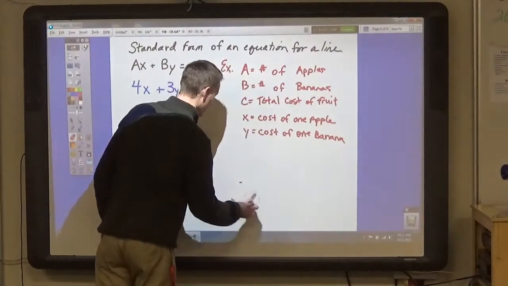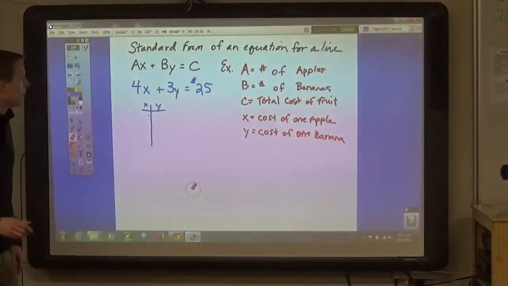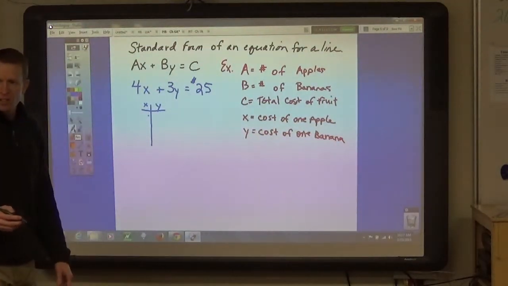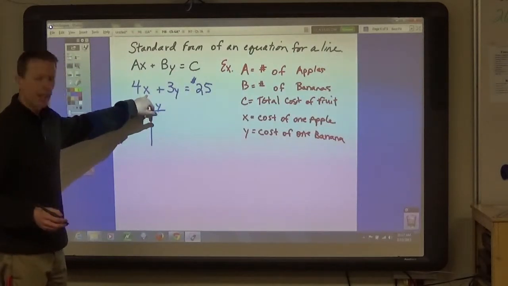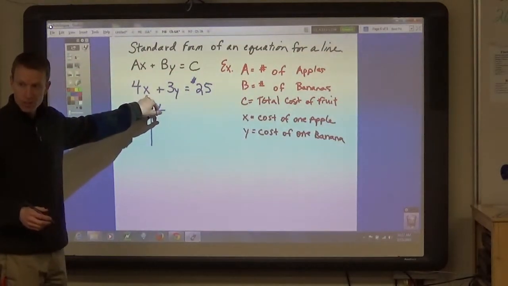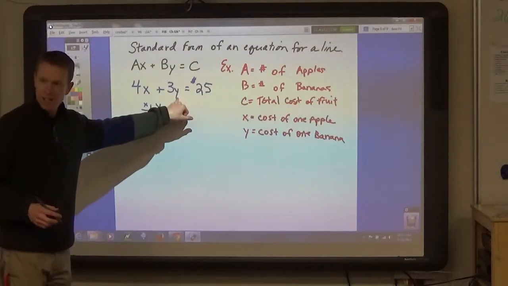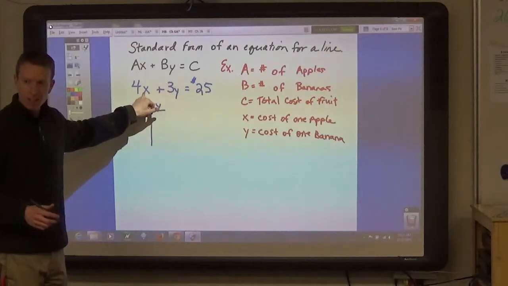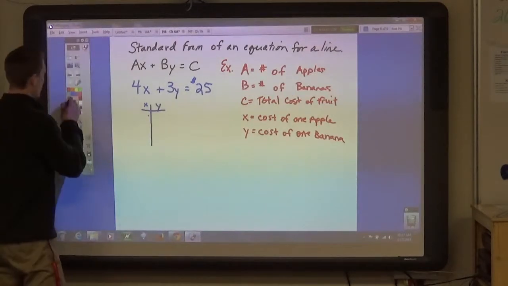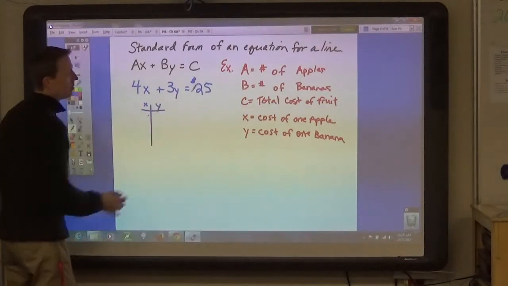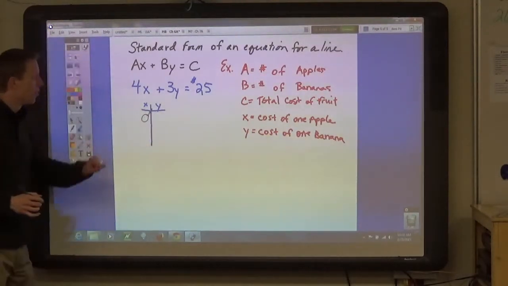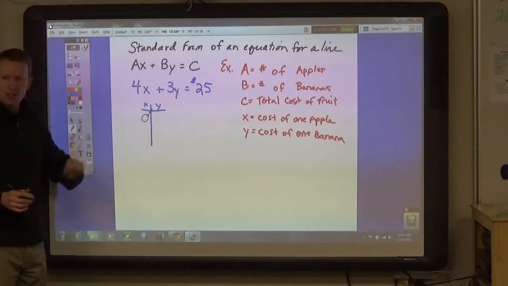Now, to graph this using the standard form method, you can make x 0 and find y, and you can make y 0 and find x. Okay? So, in this equation, if x is 0, then how can you solve it for y?